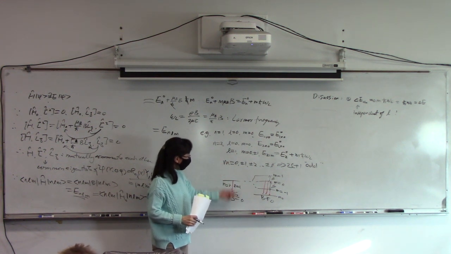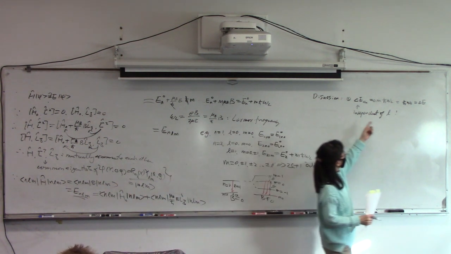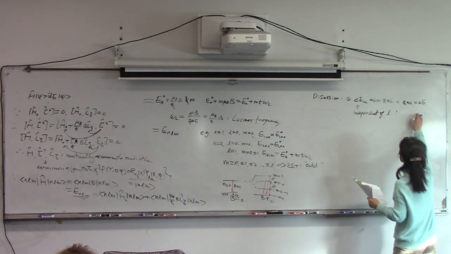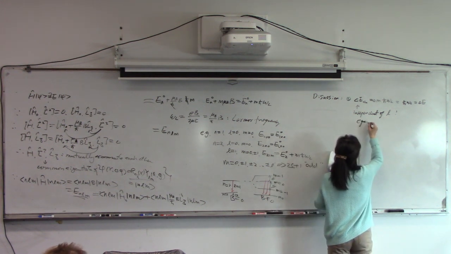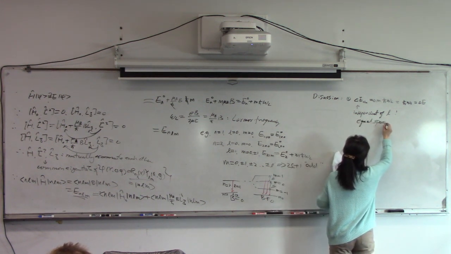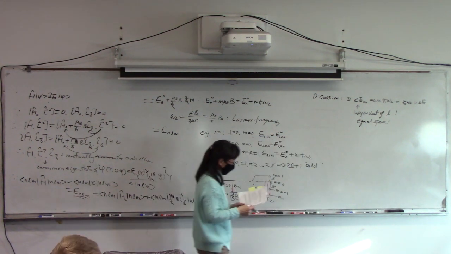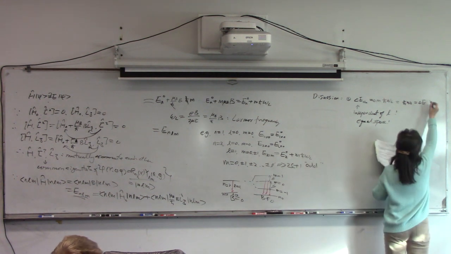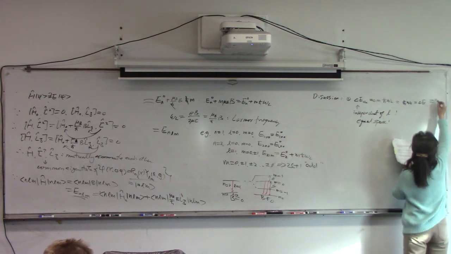If l equal to 0, there's no splitting, right? Of course, for l equal to 1 and 2, you'll see this difference is always independent. So that is the equal spacing. That is the answer to the first question about this Zeeman effect. If you substitute this l here, that is just this constant mu B.